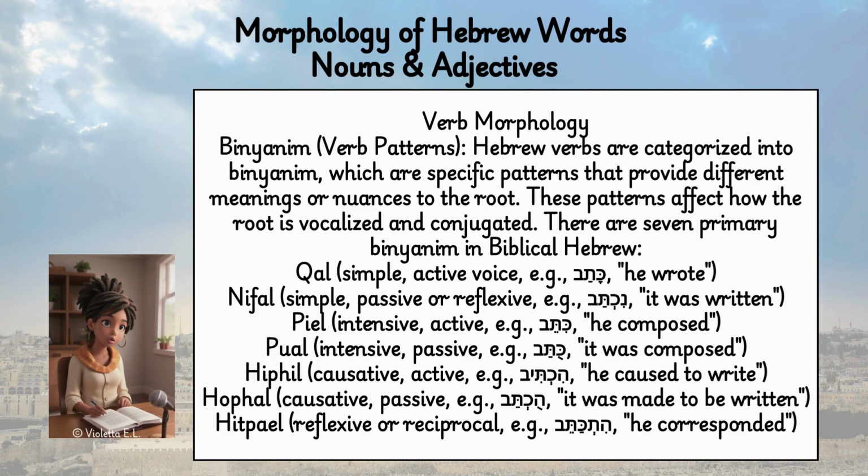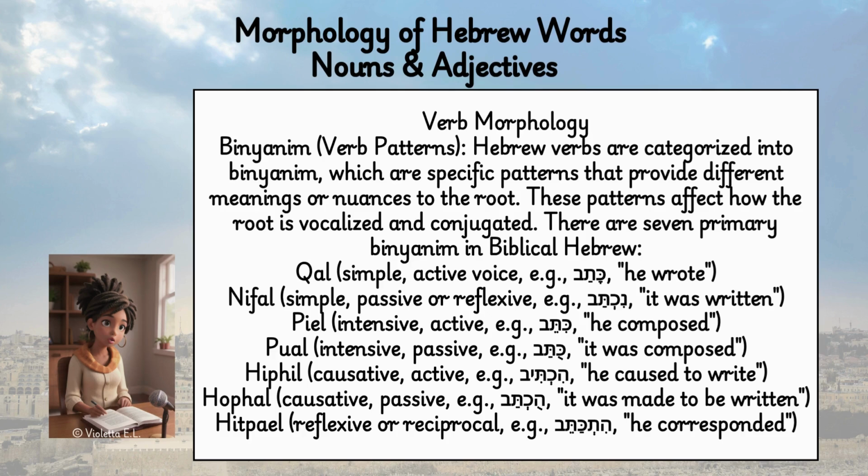Pual, intensive passive, e.g. kutav, it was composed. Hifil, causative active, e.g. hiktiv, he caused to write. Hofal, causative passive, e.g. hoktav, it was made to be written.